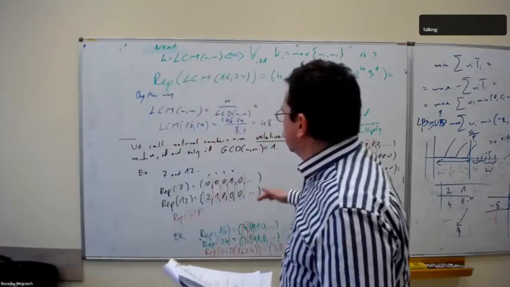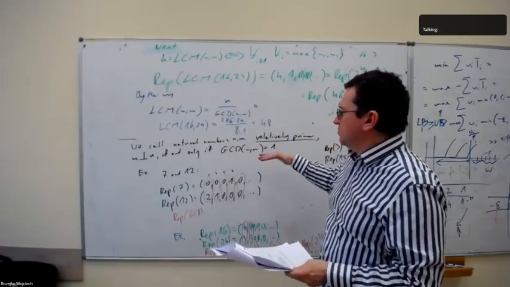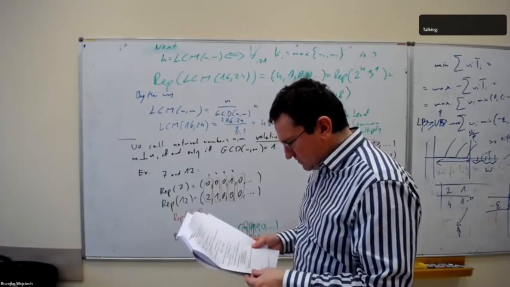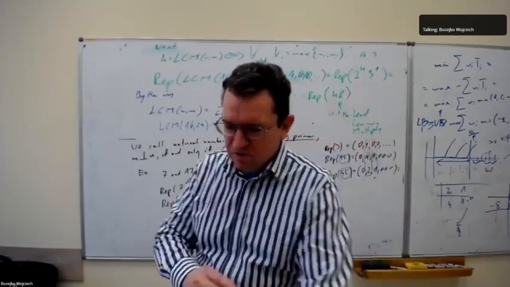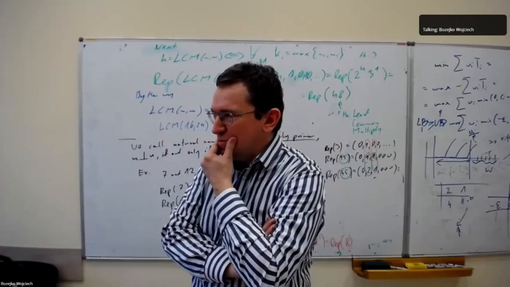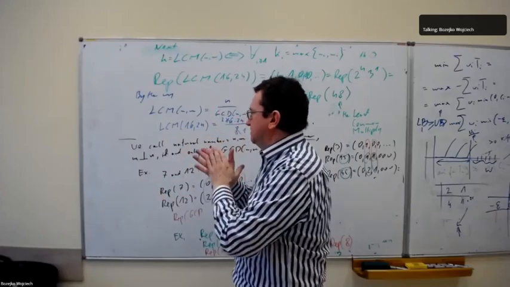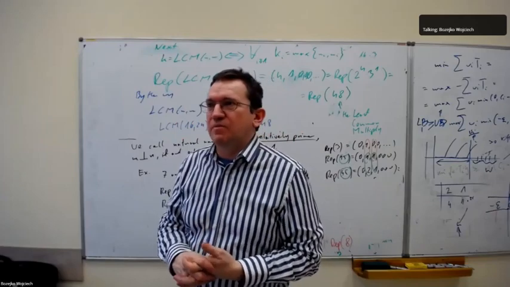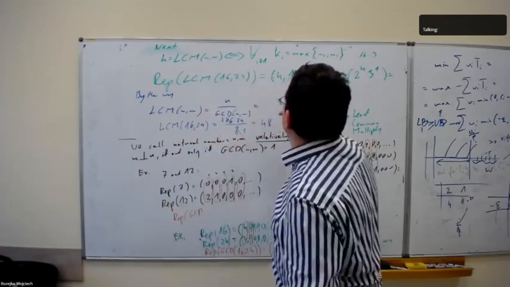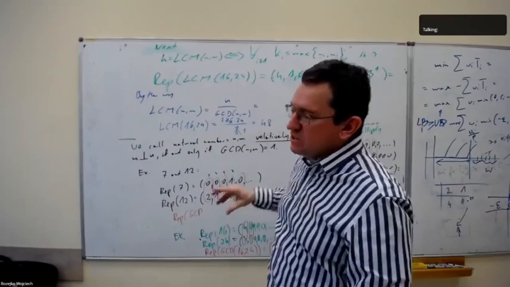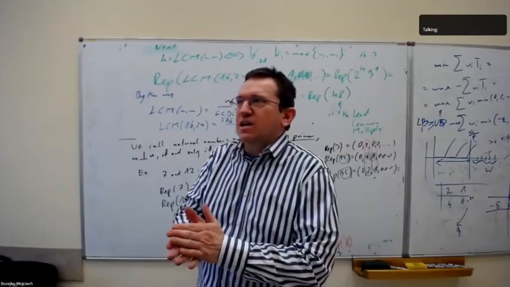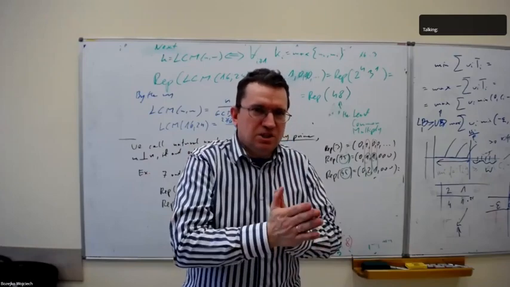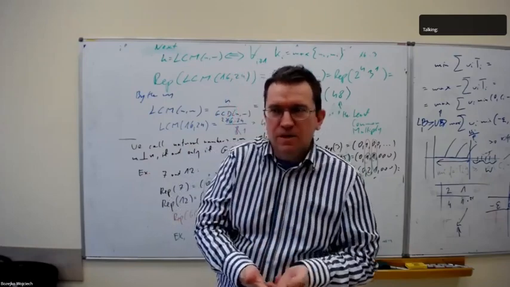Okay, so this is a kind of method for easily computing the greatest common divisor. However, we can see that this method is quite elegant, but not very useful practically, because as I said, for computing the representation in factorization, we can try to divide by all the prime numbers, checking if the rest is zero.